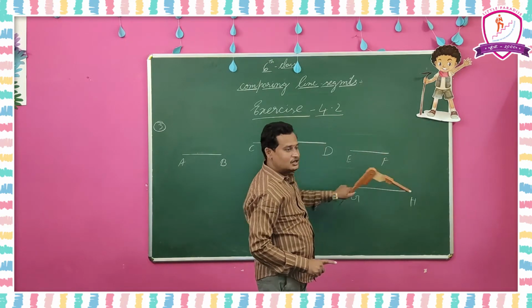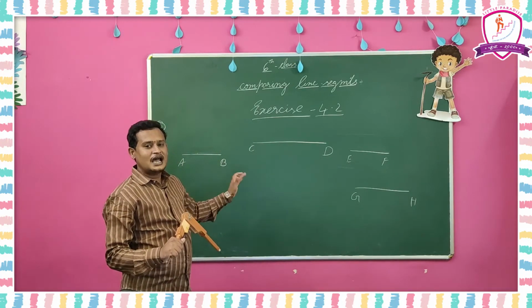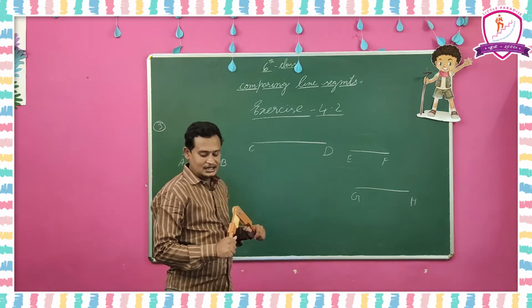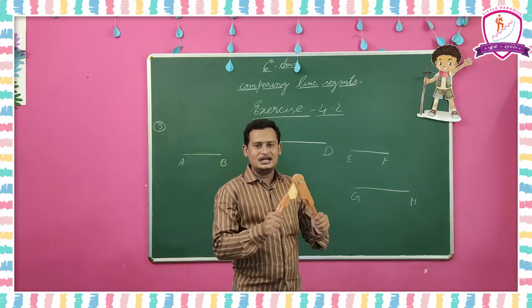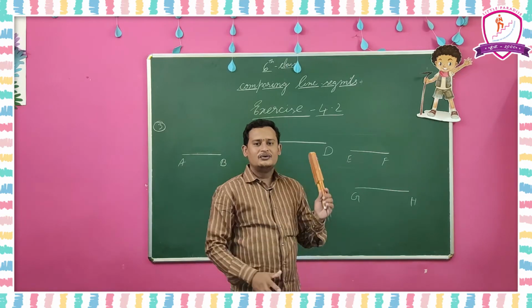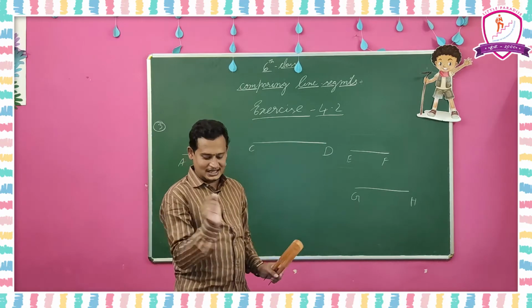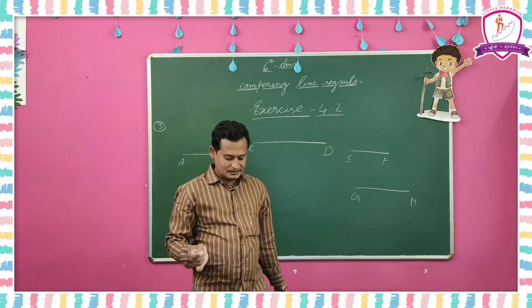Here also CD is long. So we can say CD is the longest line segment in the given group of line segments in the third question. So like that we have to use only the divider. No need to use the ruler here. Compare all the line segments, and write which is the longest one there.